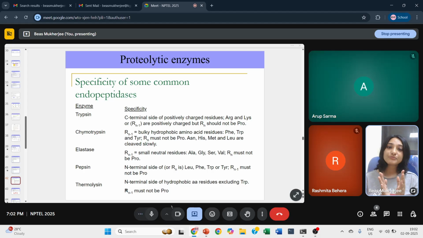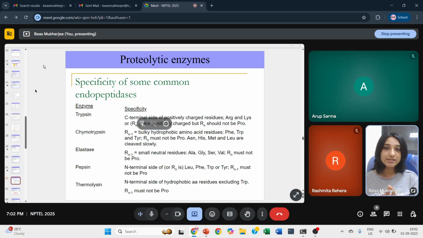Now we go to something very important: proteolytic enzymes. Just like chymotrypsin that we talked about, there are many different common endopeptidases, and these are very important.